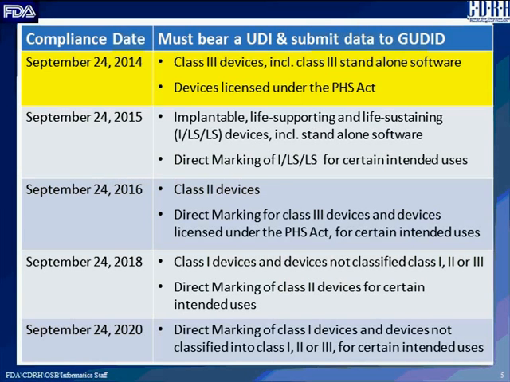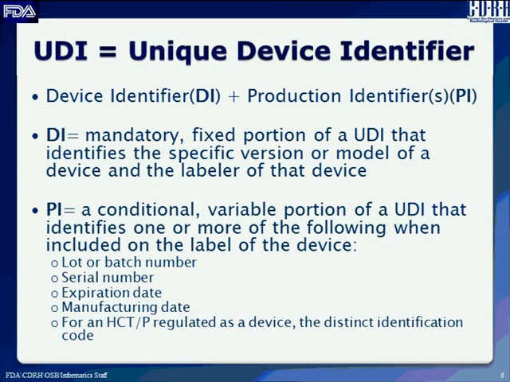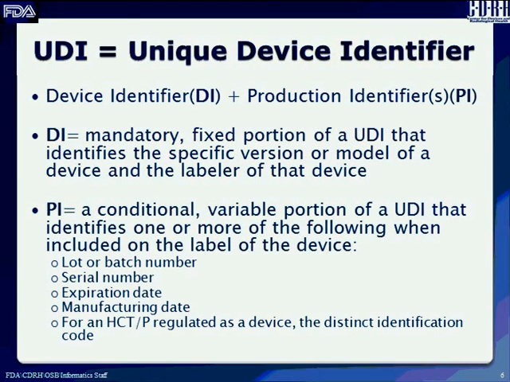So what is UDI? Hopefully all of you know by now. UDI stands for Unique Device Identifier. It's composed of the device identifier portion and a production identifier component. The DI stands for device identifier, and it is basically a static portion of the UDI.